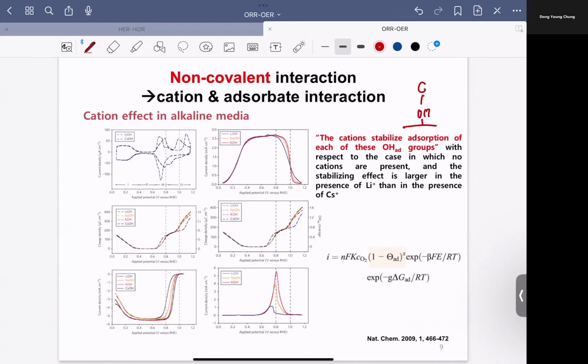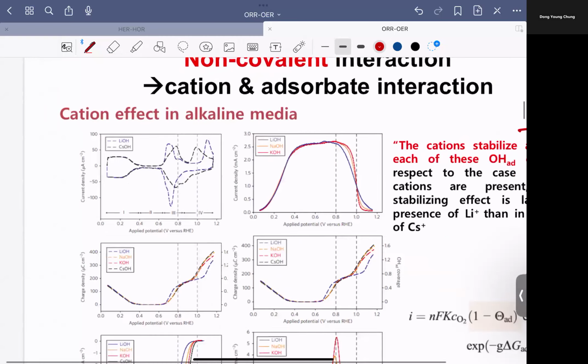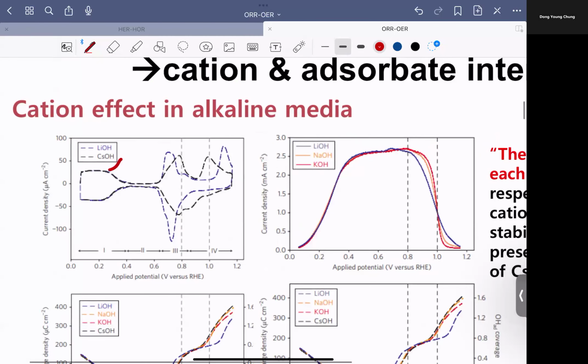So let's think about what happened in these cases. We would like to dive into the two extreme cases with nickel hydroxide and calcium hydroxide, right? So this is the cyclic voltammetry. And as you can see, the black one shows the calcium hydroxide and the blue one shows the lithium hydroxide.